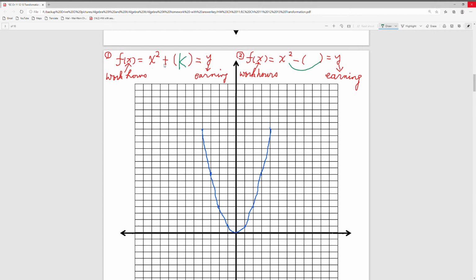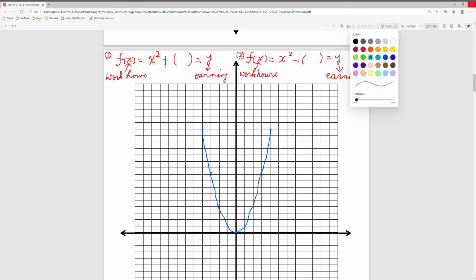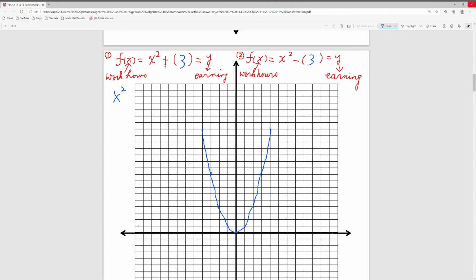For example, let me put some number here to make it easier to understand. So this is plus 3 and minus 3. If you have the perfect square x squared equals 0, x will be 0.